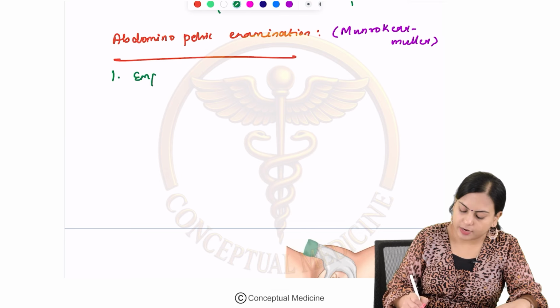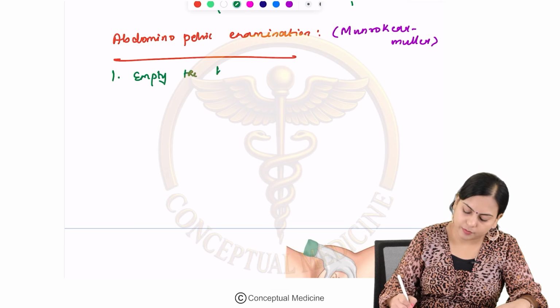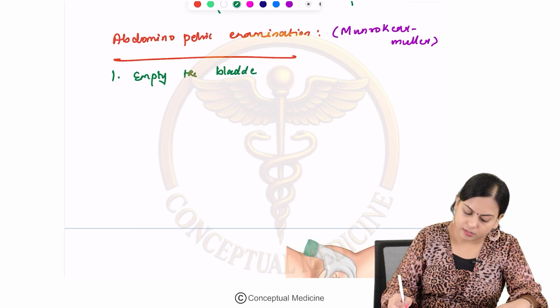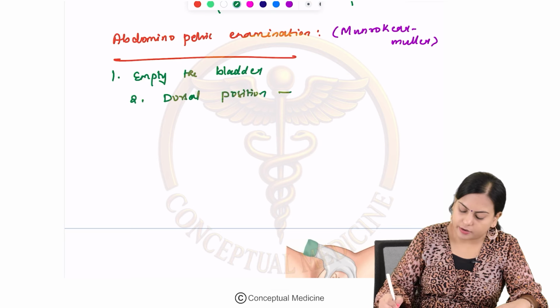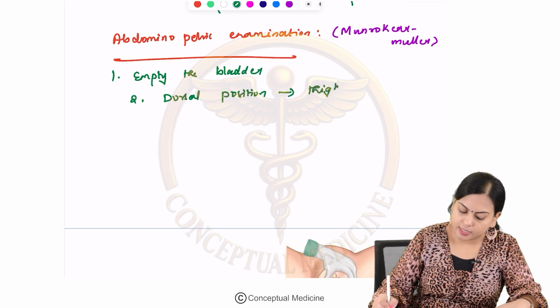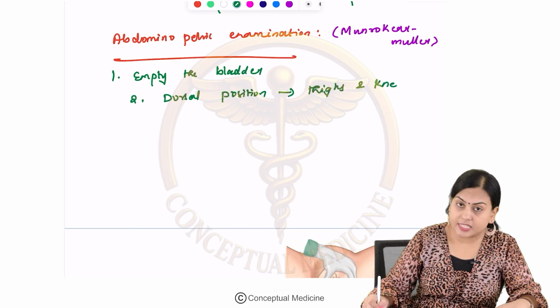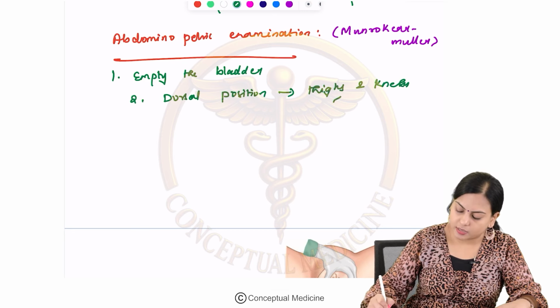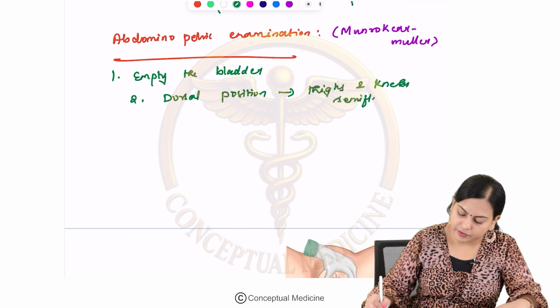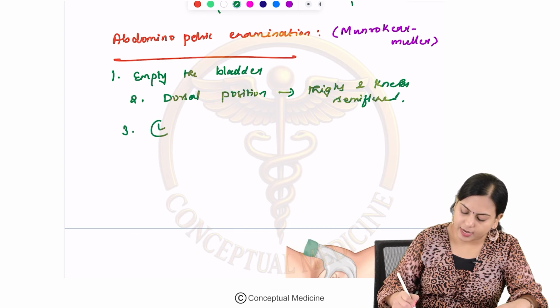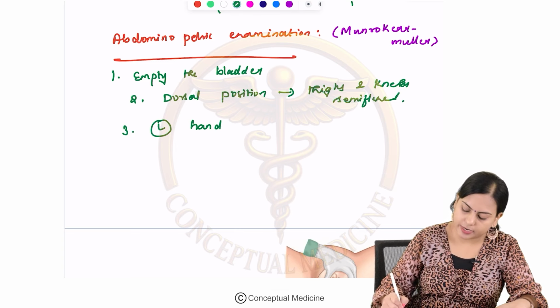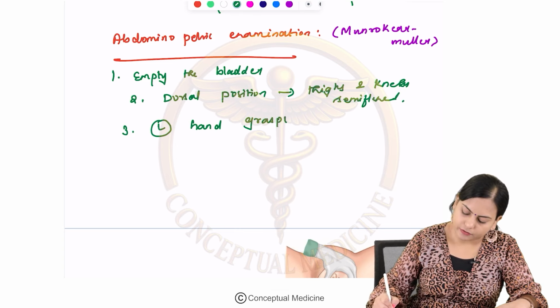As usual, you have to ask the patient to empty the bladder. Then, the woman should be in the dorsal position, her thighs and knees should be semi-flexed.